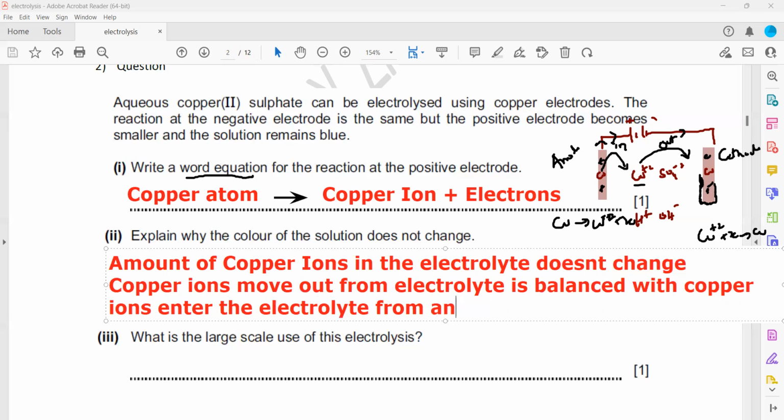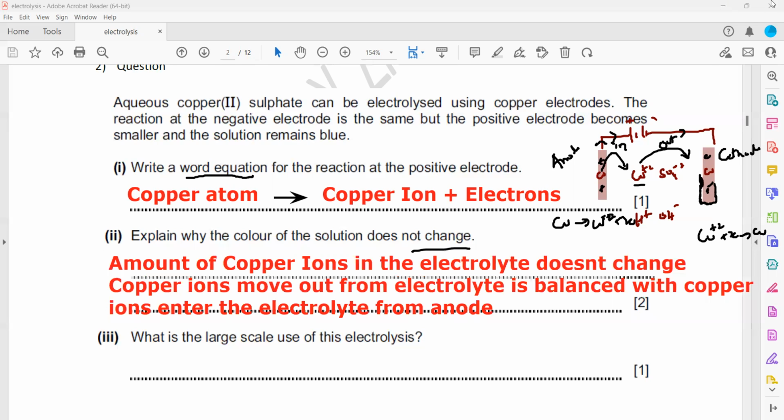So the number of the ions enter and leave are same. That's why there is no change in the amount, or there is no change in the color of this electrolyte.